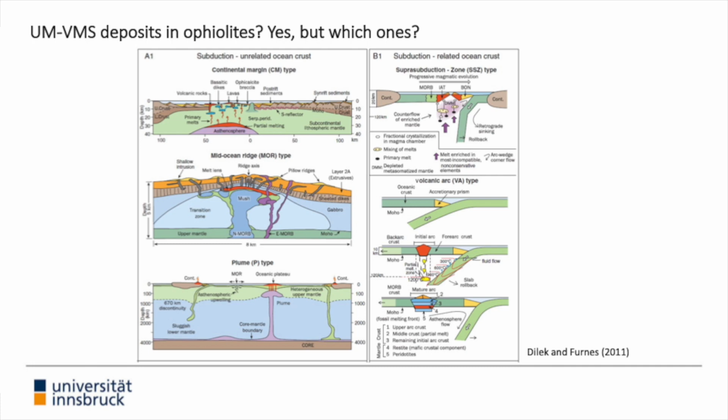We're going to focus on three types of ophiolites: the subduction-unrelated ones, so the continental margin type of ophiolites, or OCT, the mid-oceanic ridge type of ophiolite, and the supra-subduction zone type of ophiolite on the top right corner. These are the three types of ophiolites where we have been focusing our work.